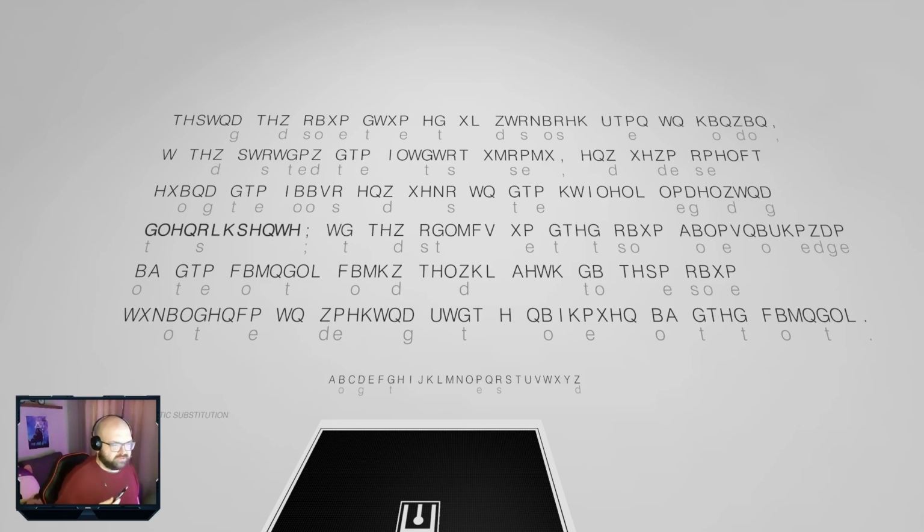Now that we've identified the word, we don't actually need the whole thing. I'm going to write that word down, the one in bold, and we're going to see if we can translate that one, and we can potentially ignore the rest.